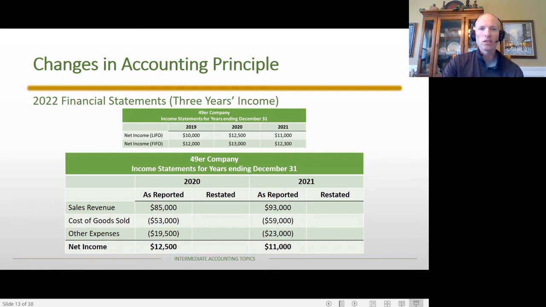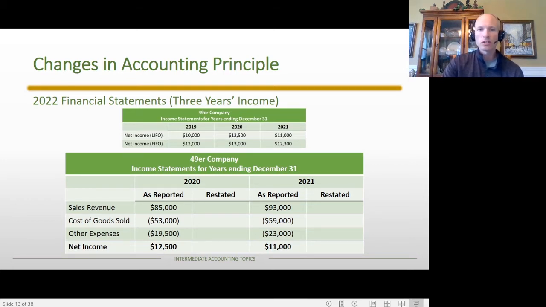We can see that there's a $2,000 difference in 2019, a $500 difference in 2020, and a $1,300 difference in 2021. Notice at the end of 2022, though, you only have to present 2020 and 2021, along with, of course, 2022.